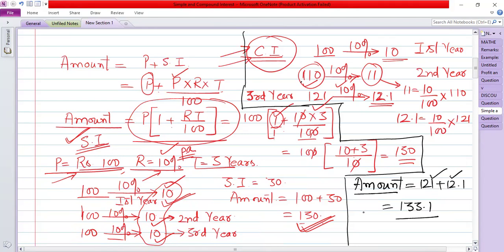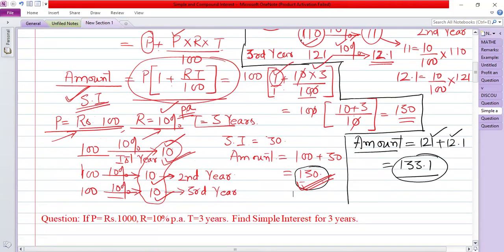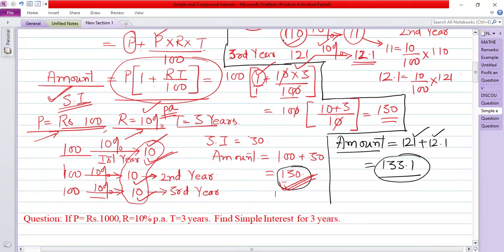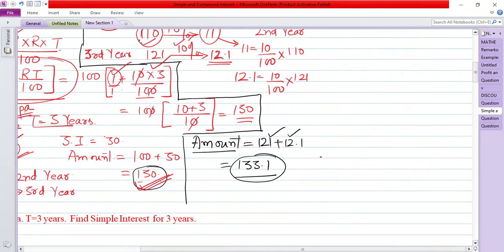There is certainly, in the case of compound interest, a larger amount as compared to simple interest. Now, in the case of compound interest, what is the formula to find the final amount?